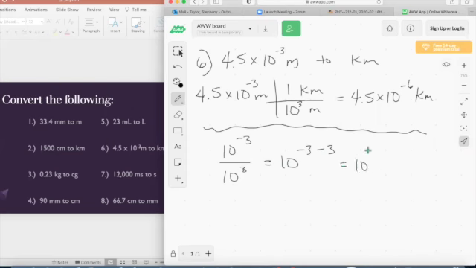So that turns into plus a negative: you're adding minus 3 plus a minus 3, and we get a minus 6. We just turned that minus into a plus negative.